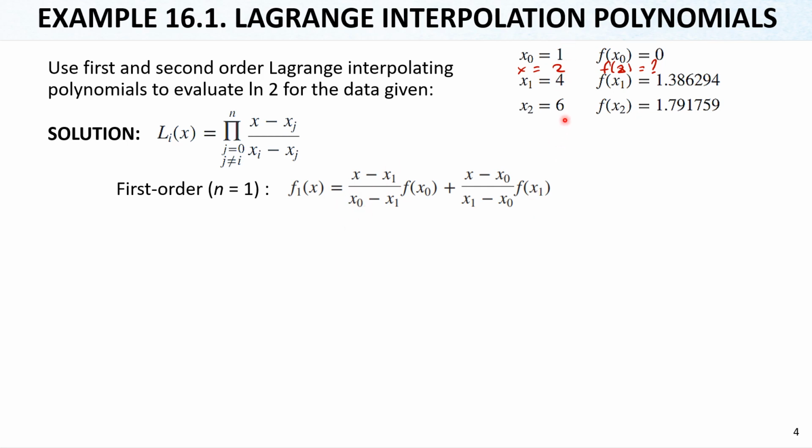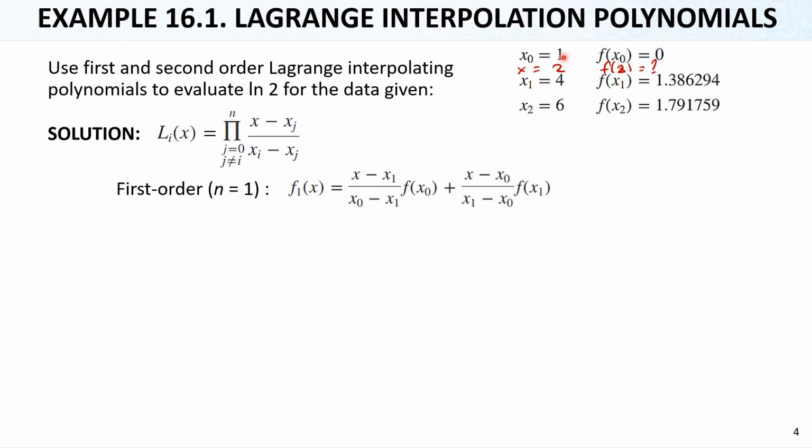Or if you want to use 4 and 6, it's possible too, but it's better to have values covering the x value for which we want to find the function value. So 2 is within the range of 1 and 4. So that's a good idea to choose 1 and 4.